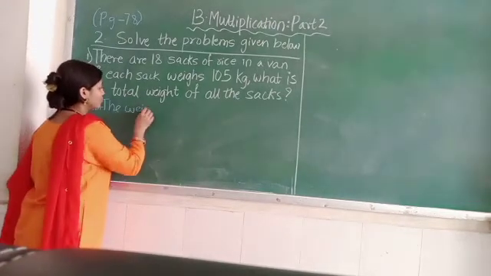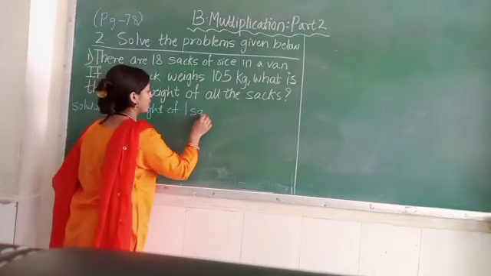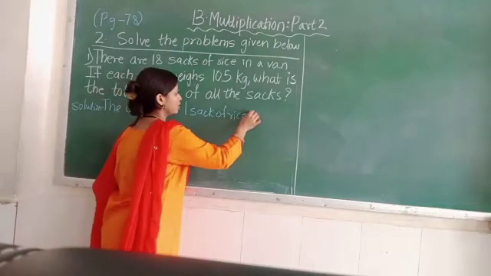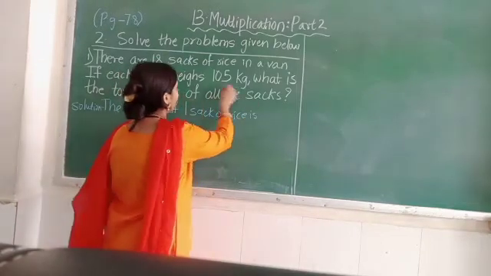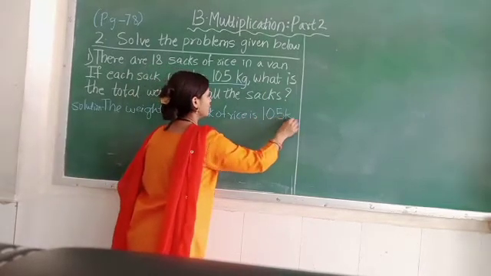The weight of one sack of rice is how much? 105 kg.